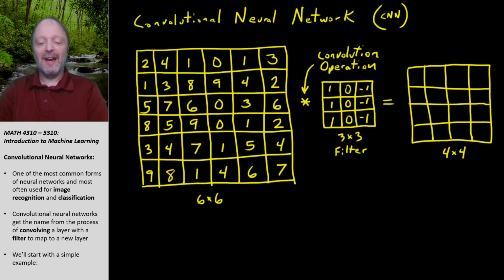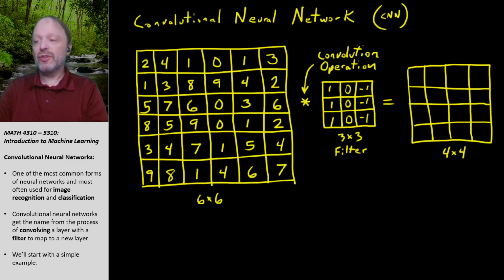So what we're going to do is take the 3 by 3 filter and overlay it on top of the 6 by 6 matrix, and then perform some mathematical operations. In this case, all we're going to do is take the value that is in the filter and multiply it by whatever value is underneath it once we place the filter on top of the 6 by 6 matrix.